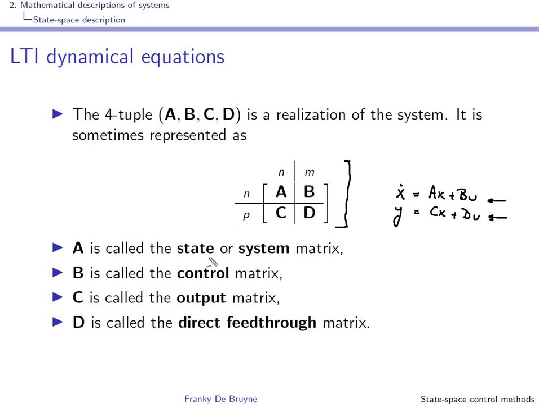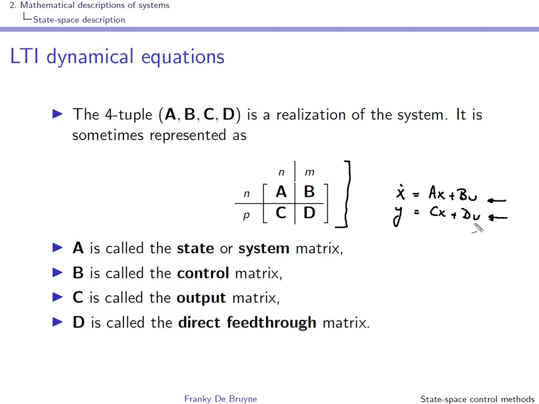A is called the state matrix because it describes the evolution of the state. B is called the control matrix because it takes into account the influence of the input on the states. C is the output matrix, it relates the state to the output. And D is the direct feed-through matrix.